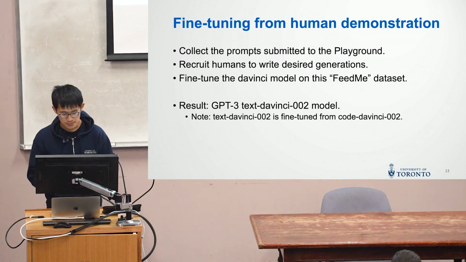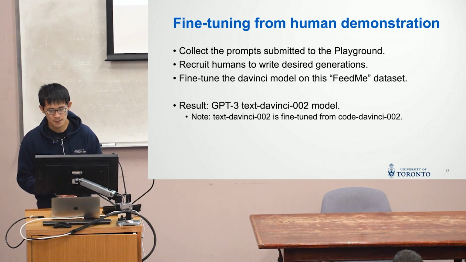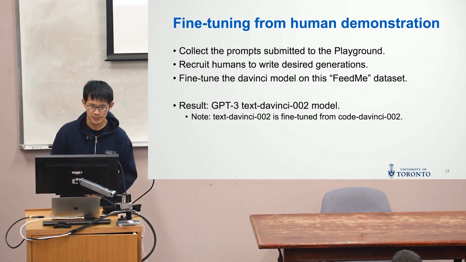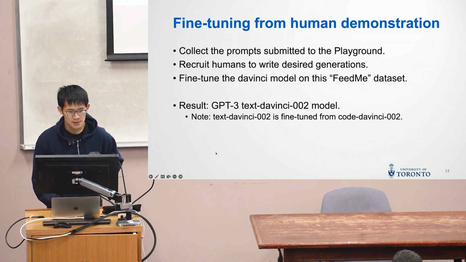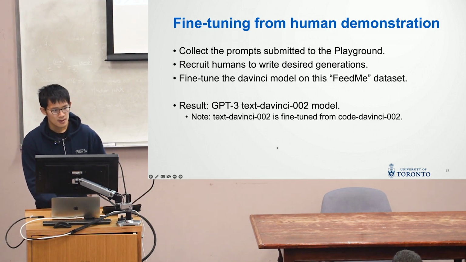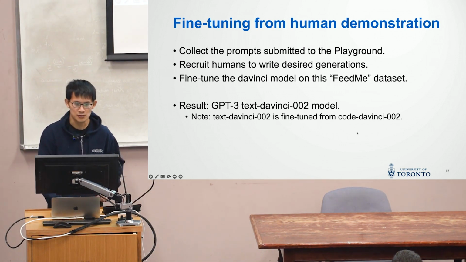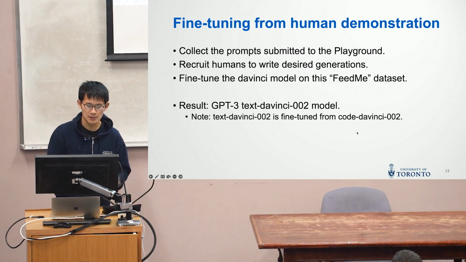In the future, the institutions, universities and companies that develop powerful language models should be more transparent in their process: what data set they are using and how they are training, and ideally they should be able to release the data set. It is also inferred that the text-davinci-002 model was fine-tuned from the code-davinci-002 model, and the code-davinci-002 model comes from text-davinci-001.